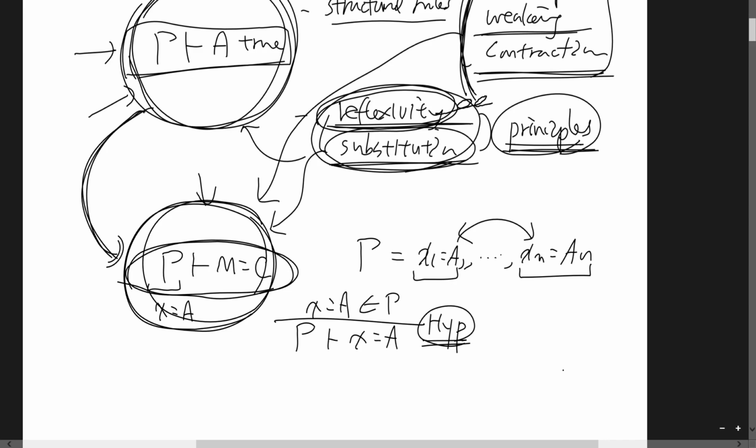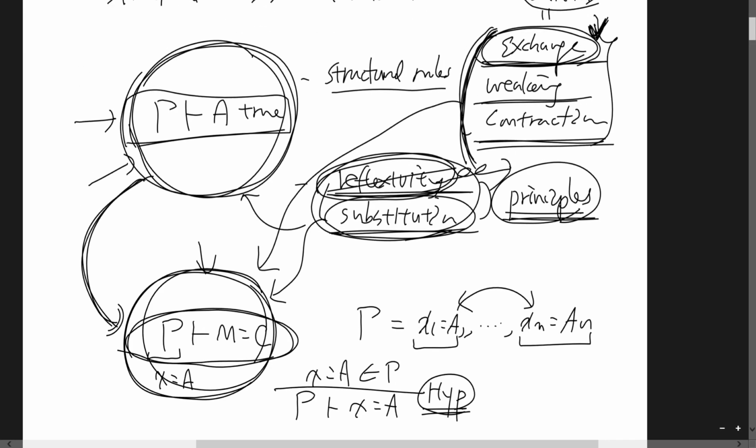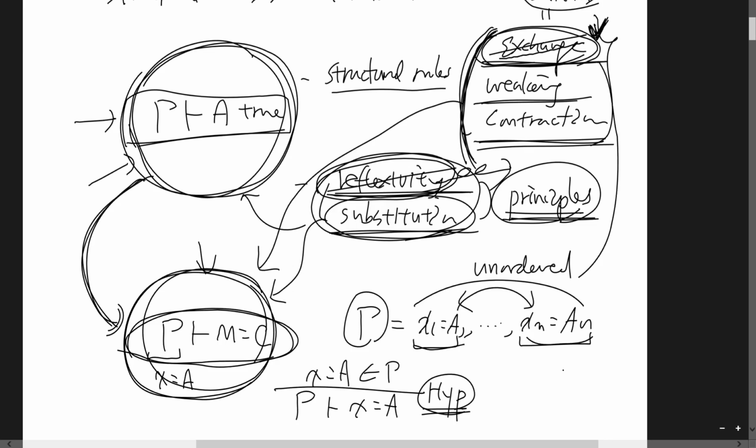So this is gone. So we don't have to consider it. And we decided to interpret this gamma as unordered collection of type bindings. So exchange is gone. So let's discuss weakening and contraction and substitution on this typing system, just like we considered these properties and principle on this propositional logic.